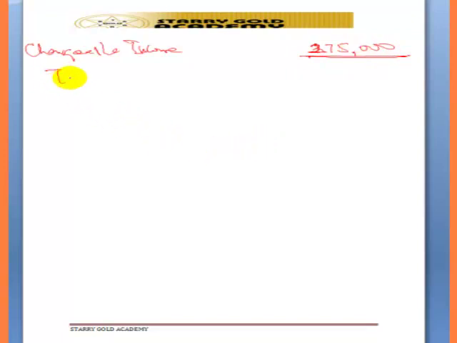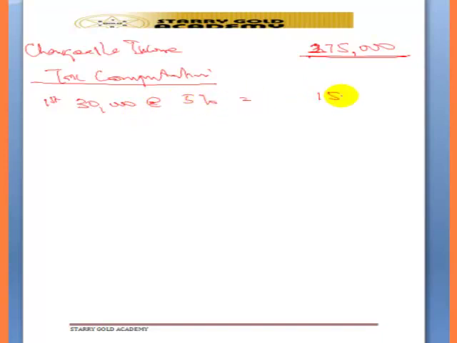So, tax computation. First, 30,000 at 5% is equal to 1,500. Next, 30,000 at 10%, 3,000 naira.